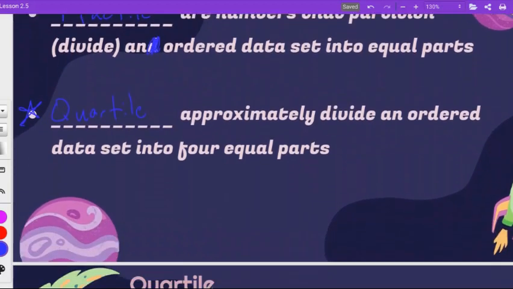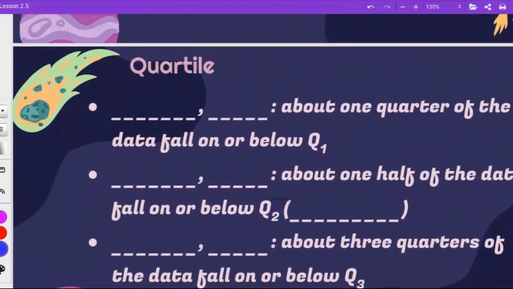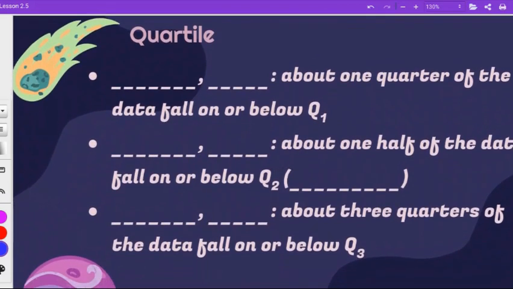Okay, so with quartiles, we have a first quartile, or also known as Q1. So this has about a quarter of the data, so at the very beginning. And then we have the second quartile, or Q2.